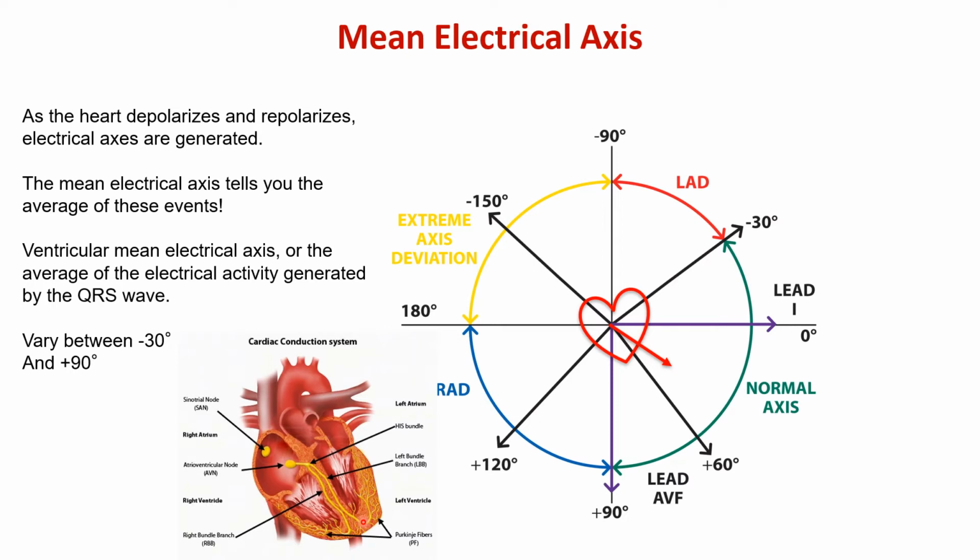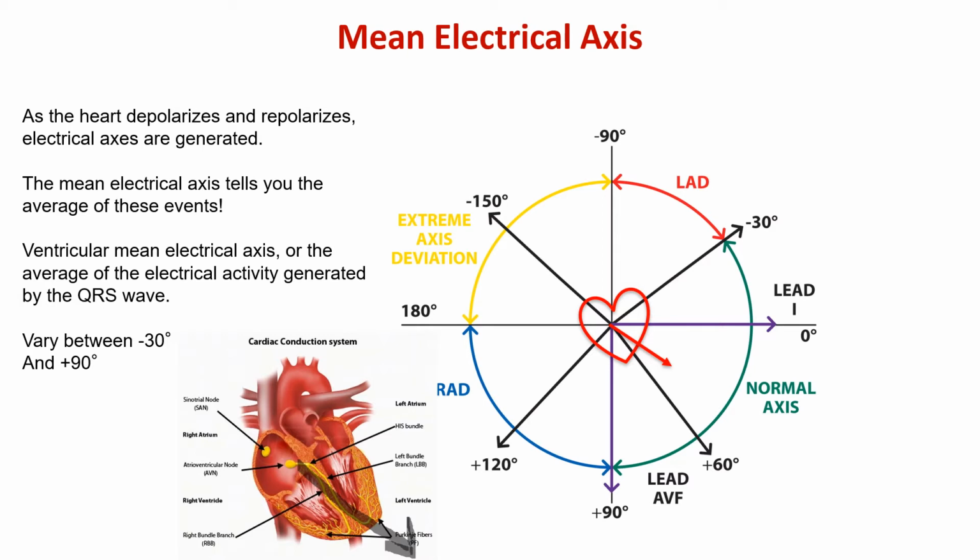So the overall direction of the depolarization in a healthy heart should be headed downwards and towards the left. Let me go ahead and highlight that for you. So basically the overall direction is going down, and it's going more towards the left.